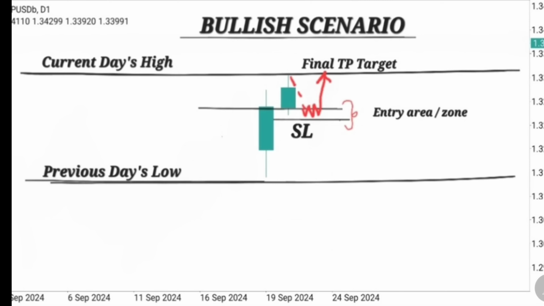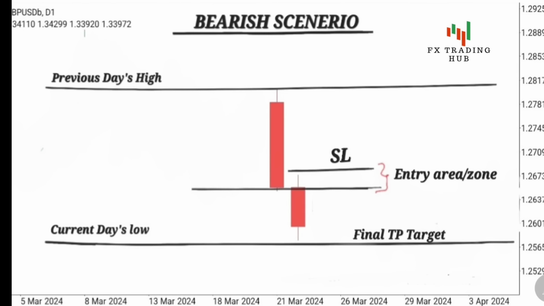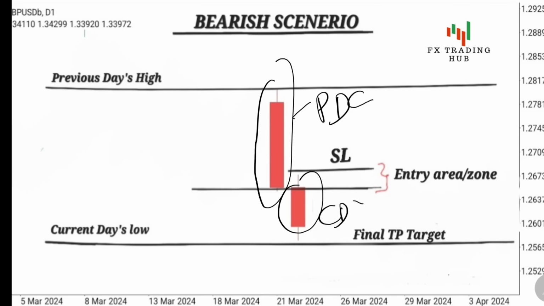Let us see. You can see right there the market would come to this zone around the intersection of the previous day's candle close and the current day's wick, and we're looking to take a trade from there. Now for a bearish scenario, this is the previous day's candle, PDC, and this is the current day's candle.